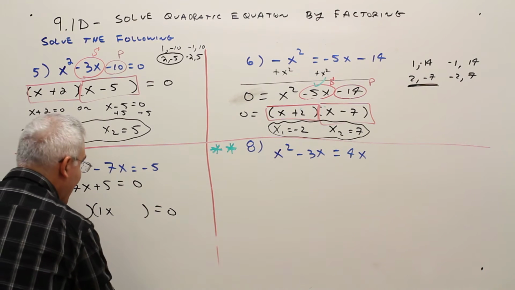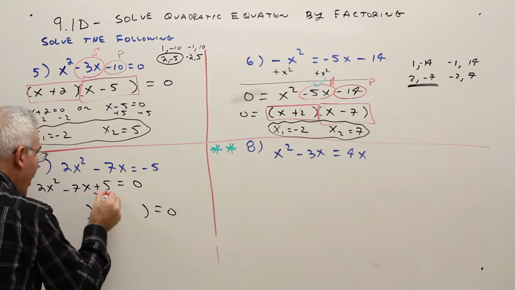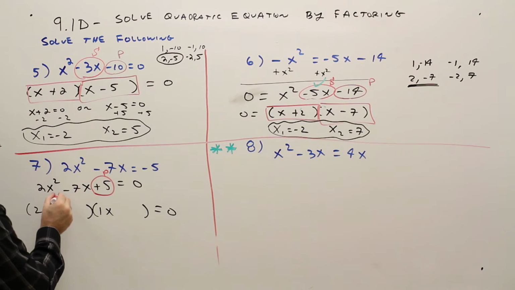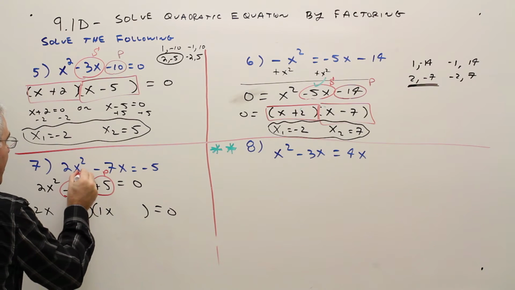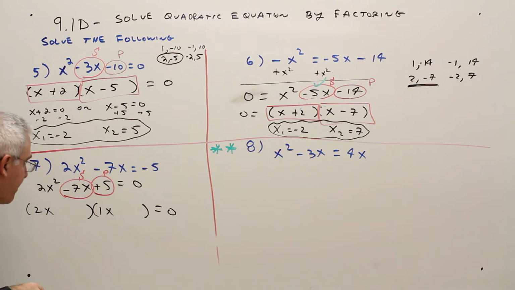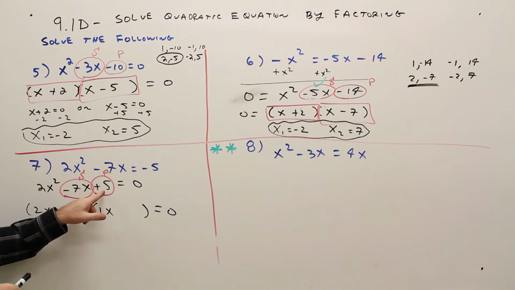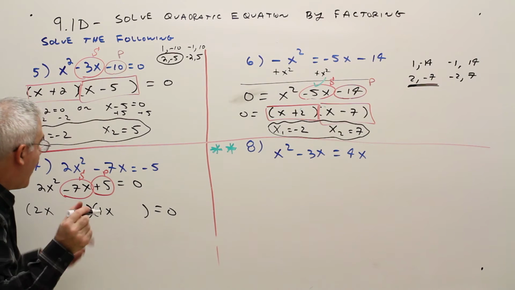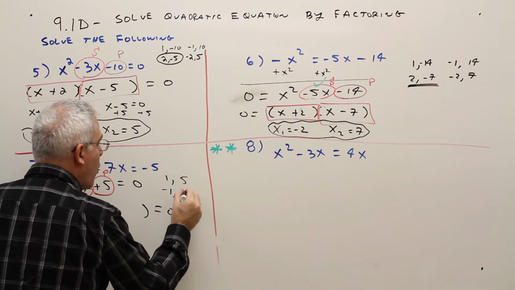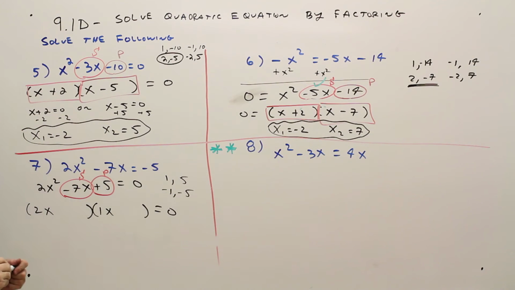So once again, I'm always looking for a product pair of that, and over here, a resultant sum of that after I do my OI check. 5's prime, my only possibilities are 1 and 5, or negative 1 and negative 5.